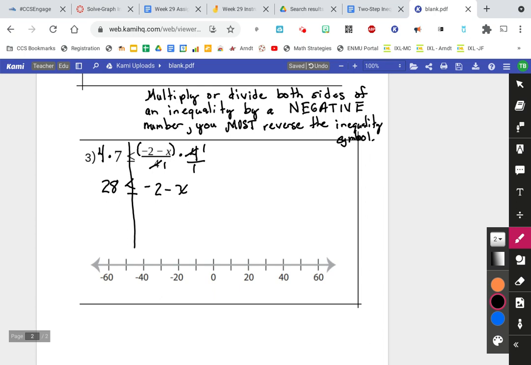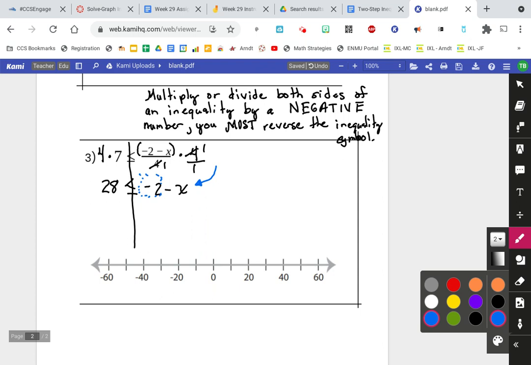Okay, so let's focus. When we are solving inequalities, we want to get the variable by itself. Well, the variable is over here, and we have to ask ourselves, why is the variable not by itself? Do you notice that there is a negative 2 over there with the variable? How can we get rid of that?